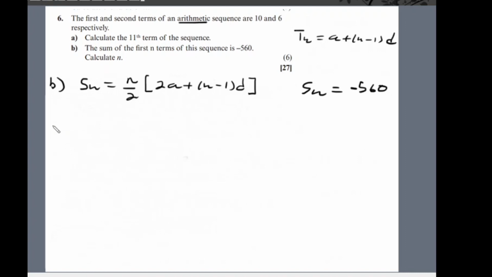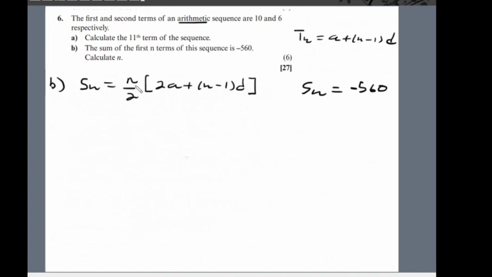Question B says the sum of the first n terms of these sequences is minus 560, calculate n. Because we have an arithmetic sequence here, our formula for Sn is this one here, right? And then they tell us the sum of the first n terms is minus 560.